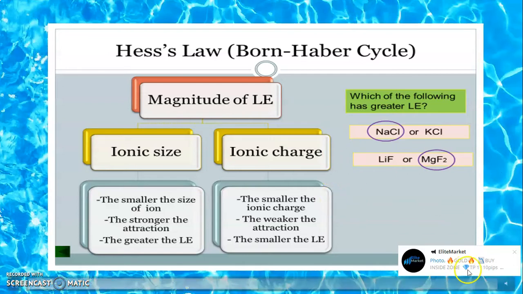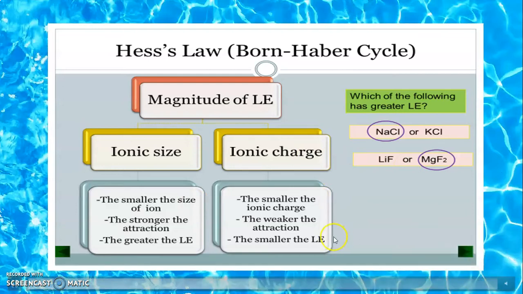So when we look at this example between sodium chloride and potassium chloride, which of these ions, sodium ion and potassium ion, has the smaller size?